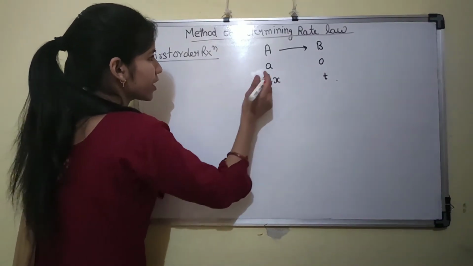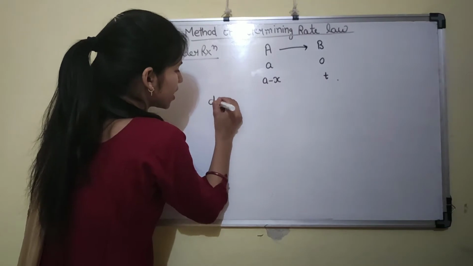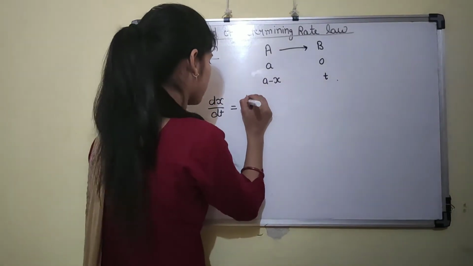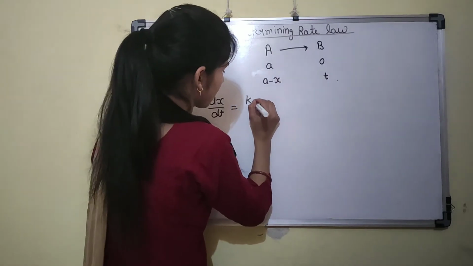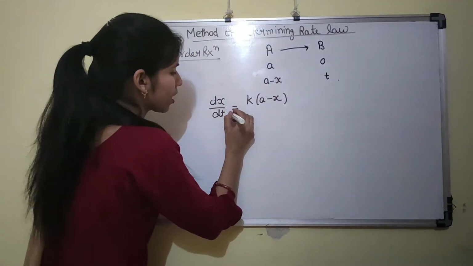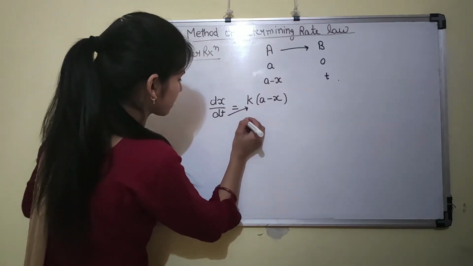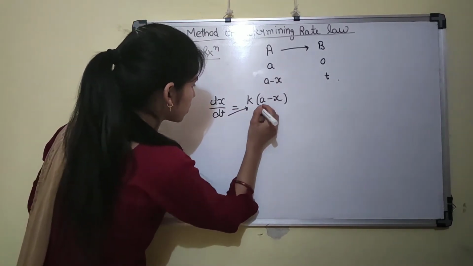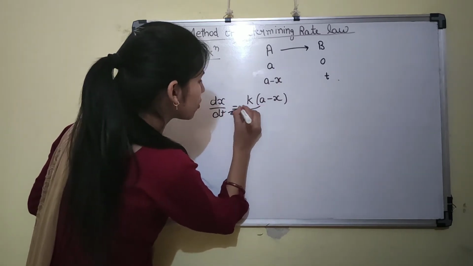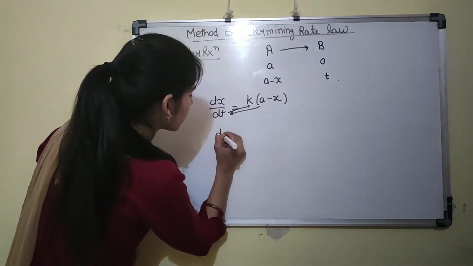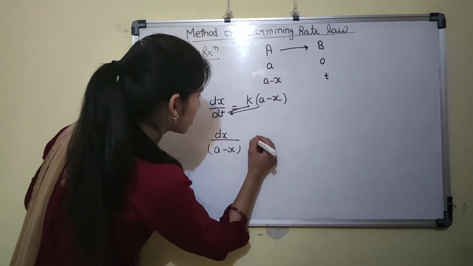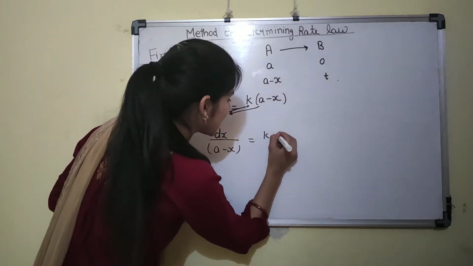For this, rate of reaction can be written as dx by dt is equal to k(A minus x). Now rearranging, dx divided by A minus x is equal to k dt.